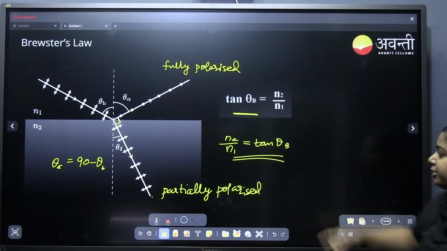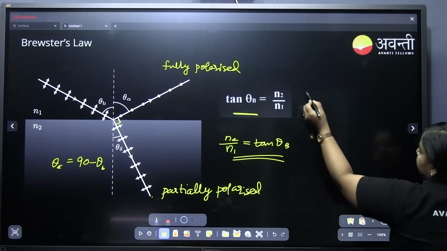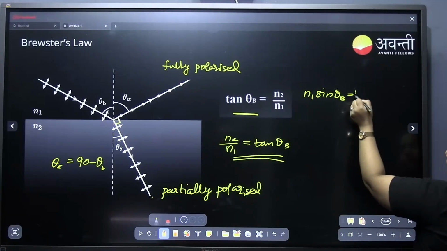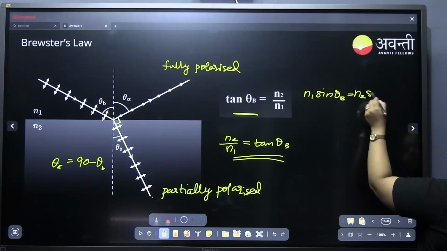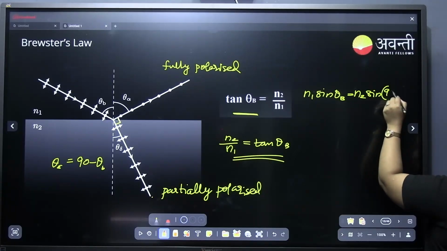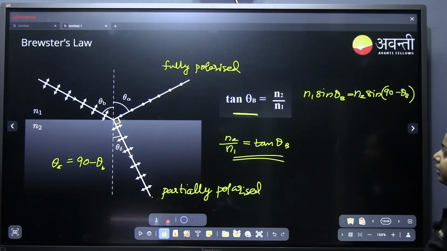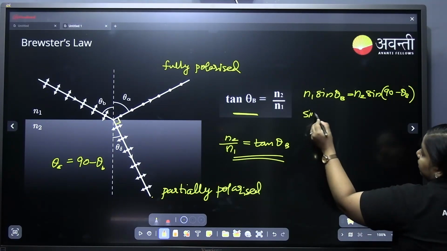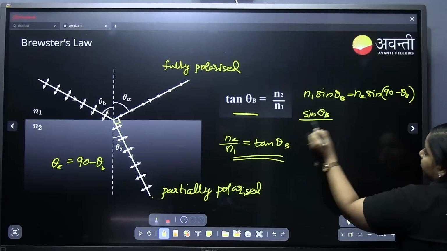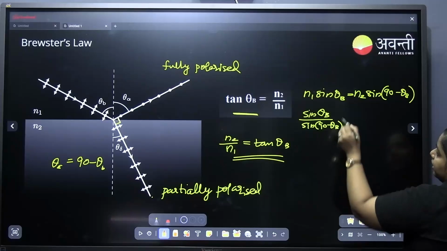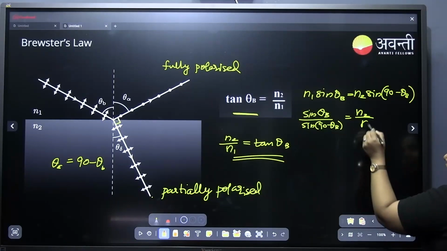This is from Snell's law only, because Snell's law says that N1 sin theta b equals N2 sin of 90 minus theta b. That is the angle of refraction. So sin theta b divided by sin of 90 minus theta b equals N2 by N1.